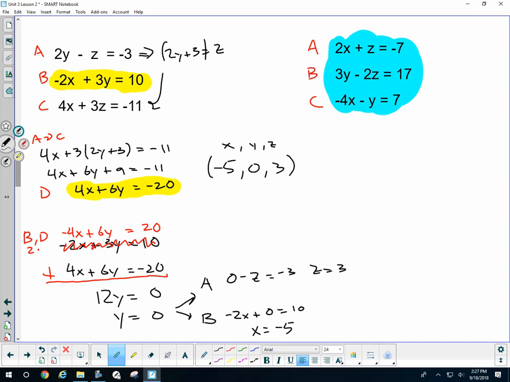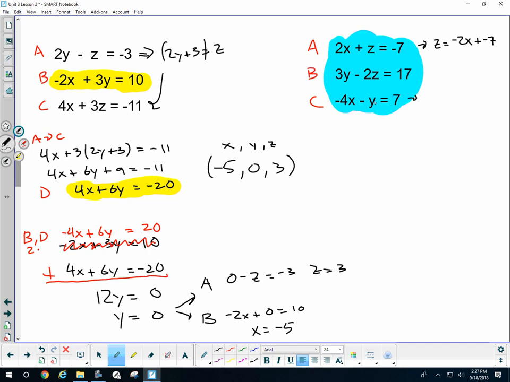Negative 4x. Okay, what I see is two equations that can both be solved for a variable in terms of x's. Wait. I'll show you. Equation A, I can turn into z equals negative 2x minus 7 or plus negative 7.